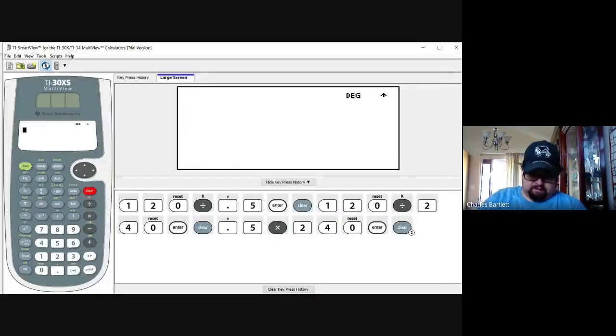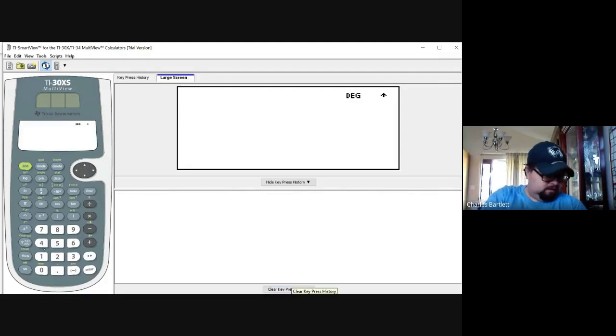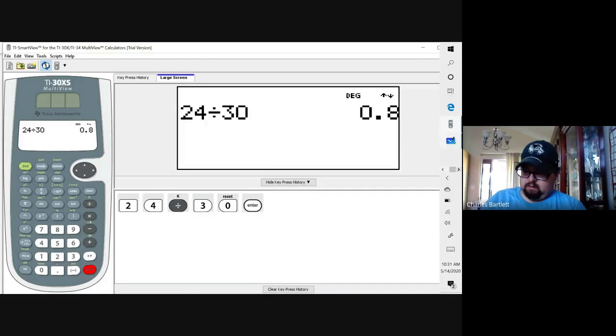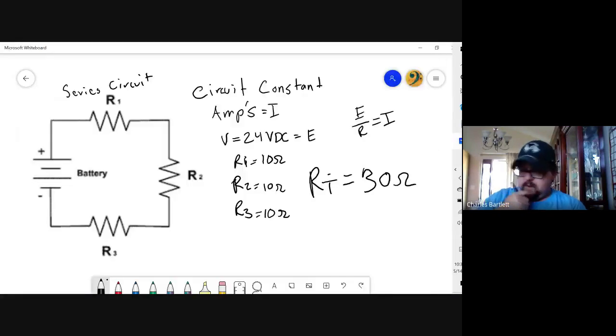If we do that in the calculator, we would hit 24 volts divided by 30 ohms, and we would get an amperage of 0.8. All right, so we did the math, and we got I equals 0.8 amps.